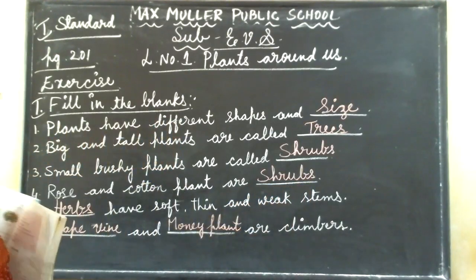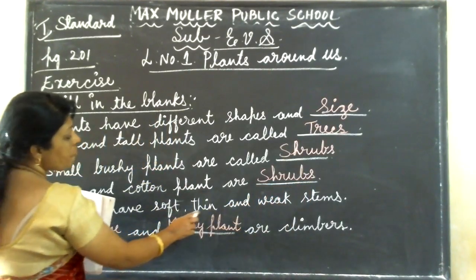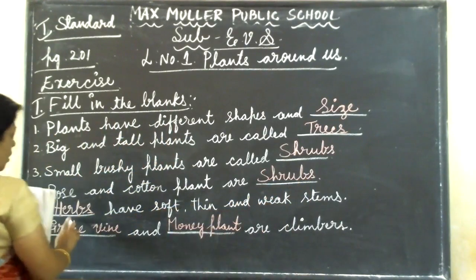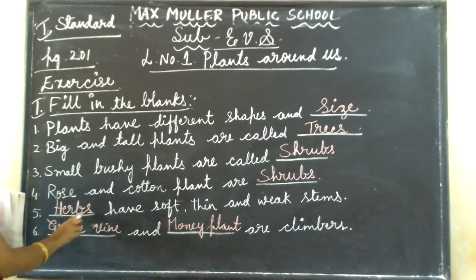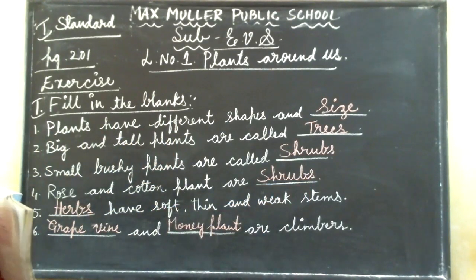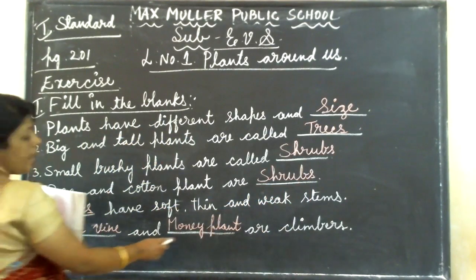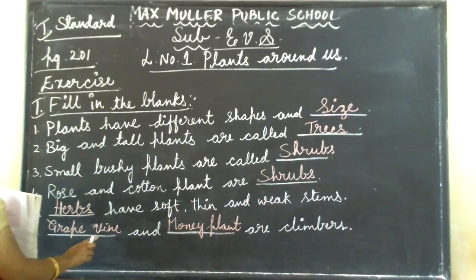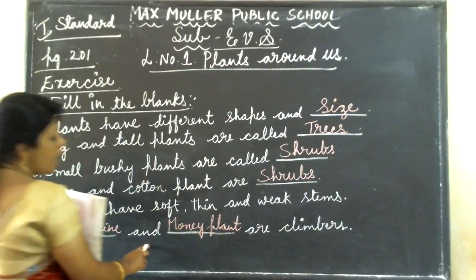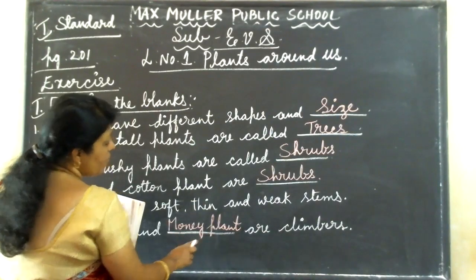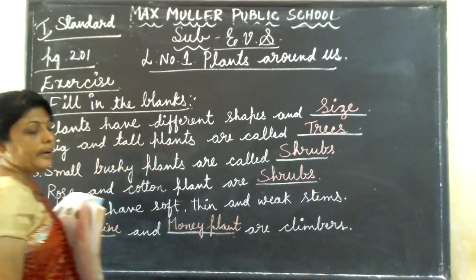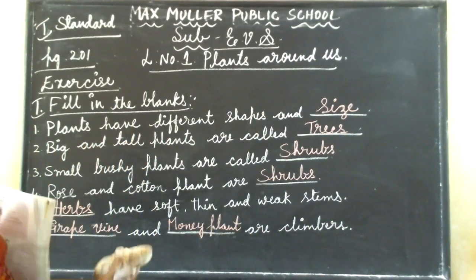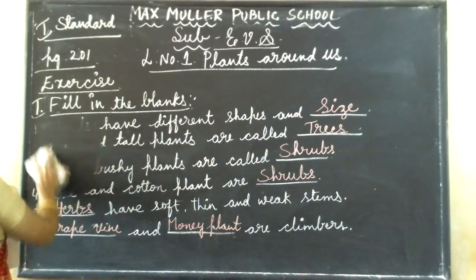Then herbs have soft, thin and weak stems, and also they are non-bushy plants. Then grapevine and money plant are examples of climbers. Okay, so we'll continue. Seventh one.